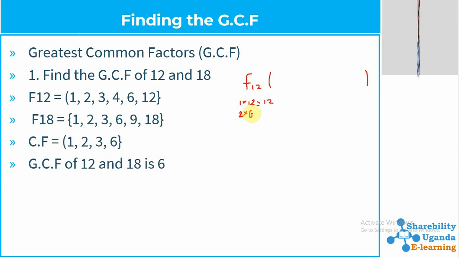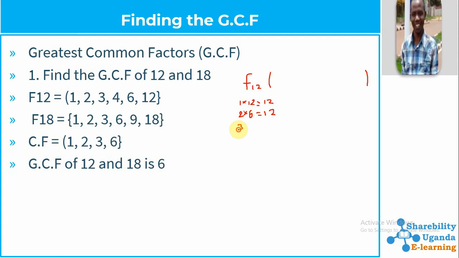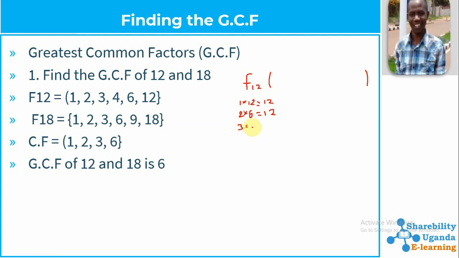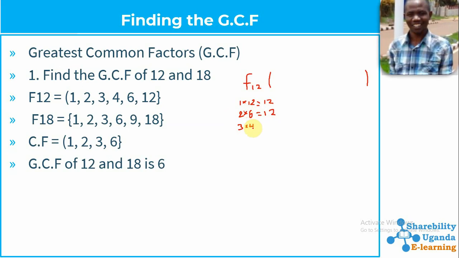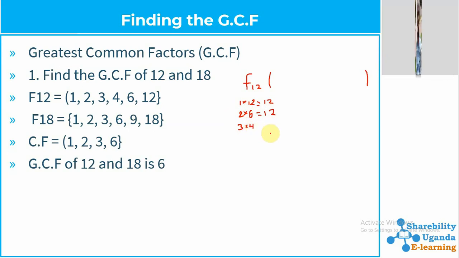We can say 2 times 6. When we say 2 times 6, we still get our 12. Which other number can we try? Let's try 3. Which number can we multiply by 3 and we get 12? We can try 4. 3 times 4, we can still get our 12.